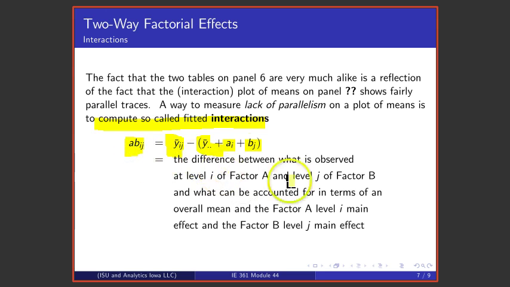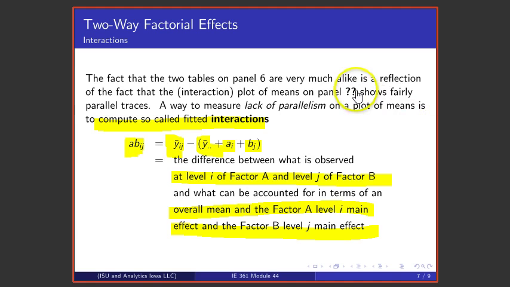That is the difference between what's observed at level i of factor A and level j of factor B, and what we can account for in terms of the overall mean, the factor A level i main effect, and the factor B level j main effect.